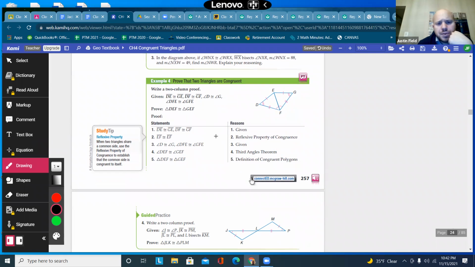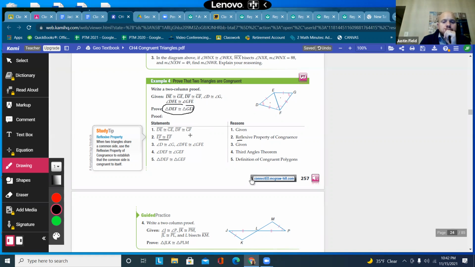So they've done the proof actually already. So let's look at it. So it's got the given and then the reflexive property. All right, take note of the reflexive property. These two triangles share side EF. So even though it might seem silly, if we want to prove that two triangles are congruent, we need to say their angles and sides are congruent, right?